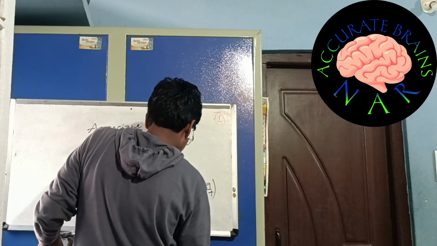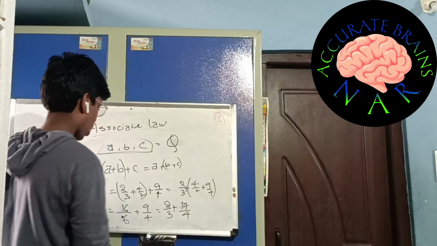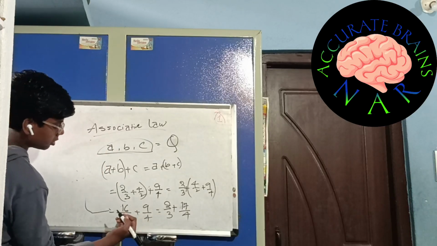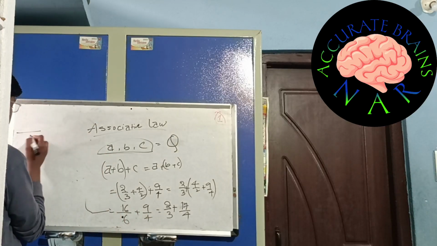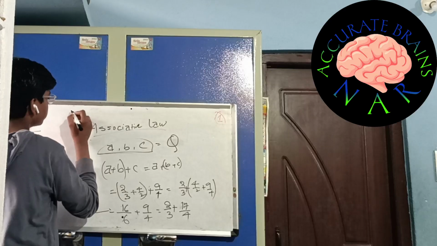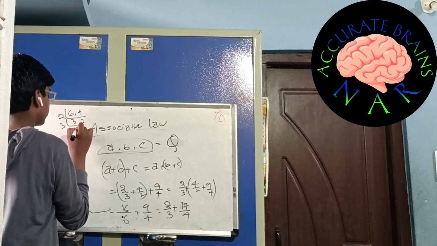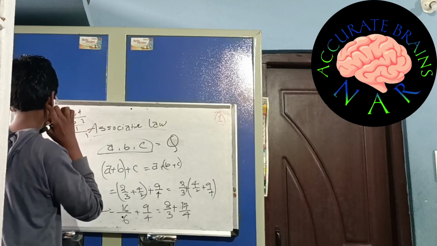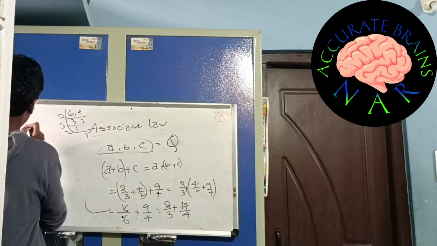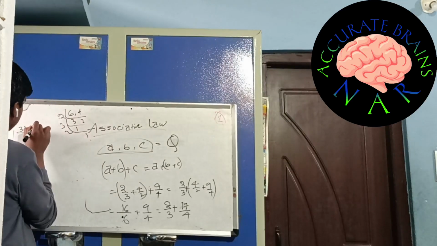17 by 4. So here if I take this, the LCM of 6 and 4 should be 12, right? 6 and 4, 12. 16 2s are 32 plus 3 into 9 is 27.